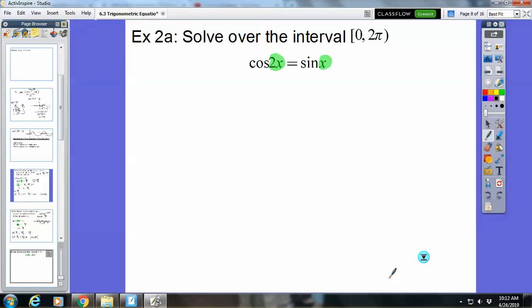Cosine 2x, that was under our double angles. Right, we have 3 different options for cosine 2x, don't we? Because my other function is sine. So that is 1 minus 2 sine squared x.